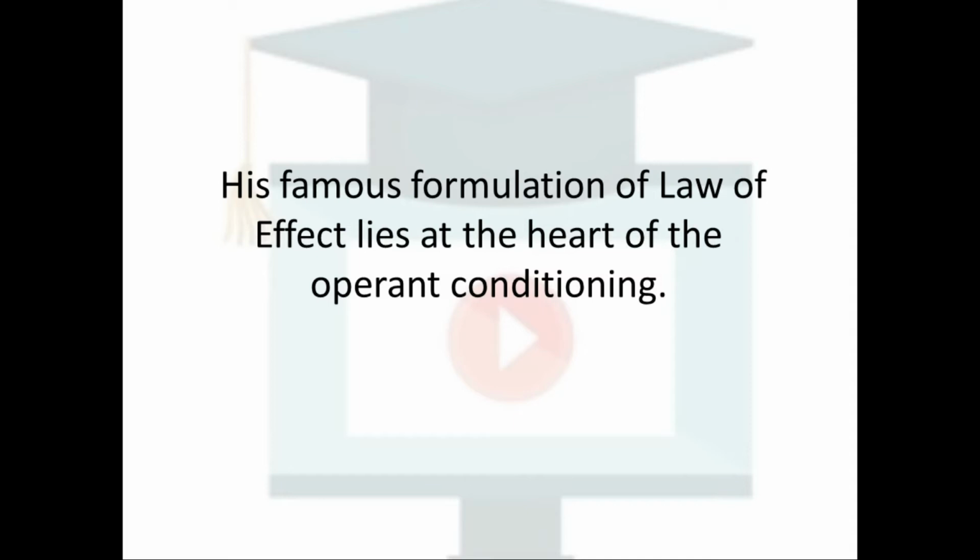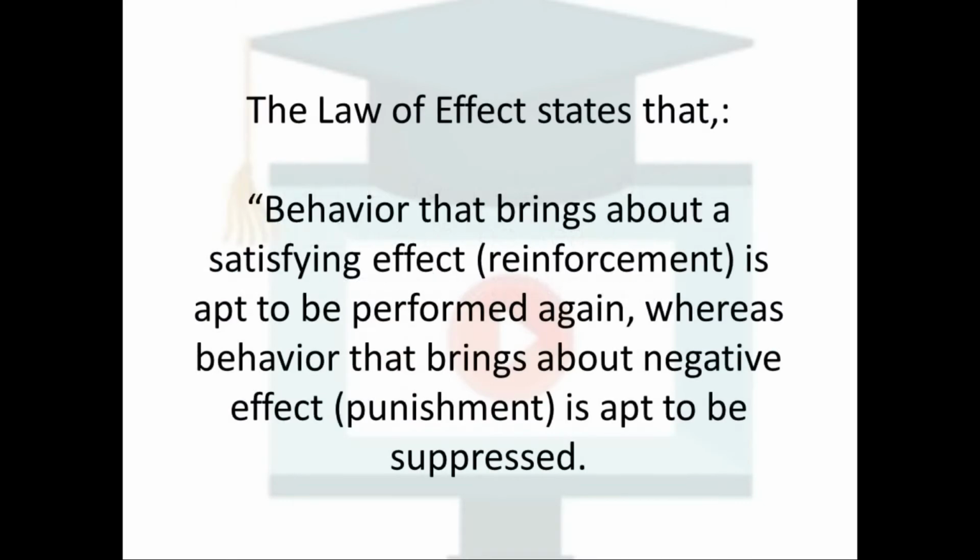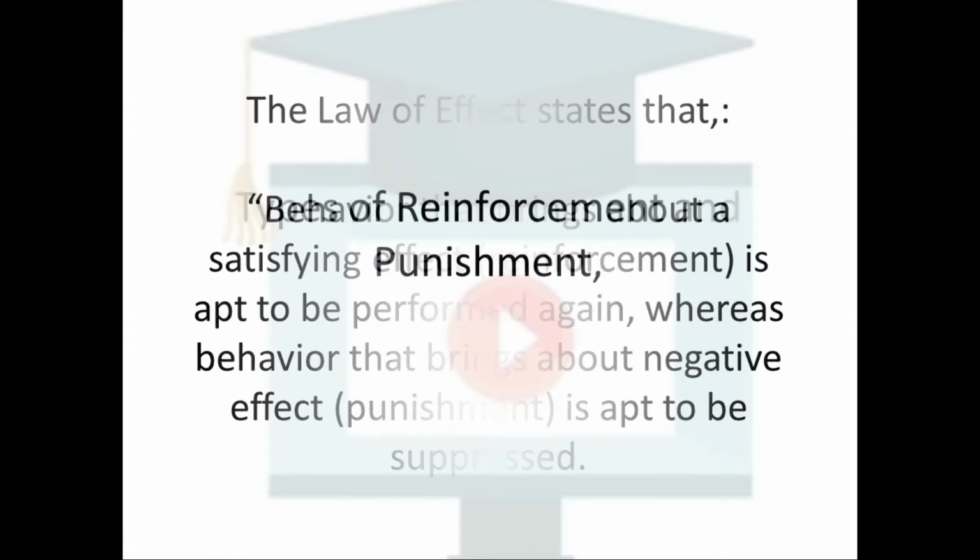His famous formulation of the law of effect lies at the heart of operant conditioning. The law of effect states that behavior that brings about a satisfying effect, reinforcement, is apt to be performed again, whereas behavior that brings about a negative effect, punishment, is apt to be suppressed.